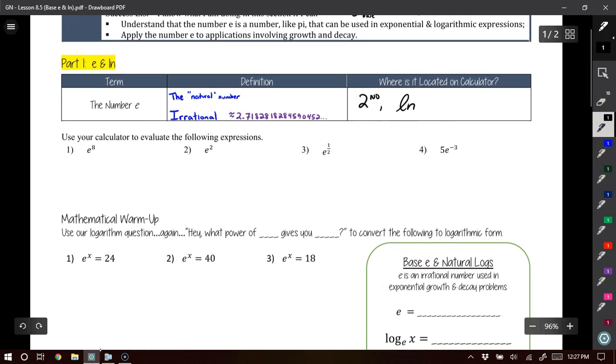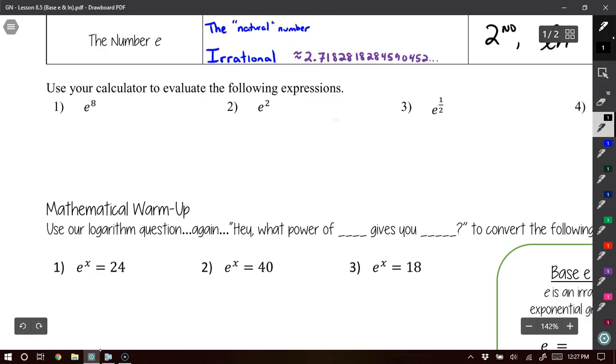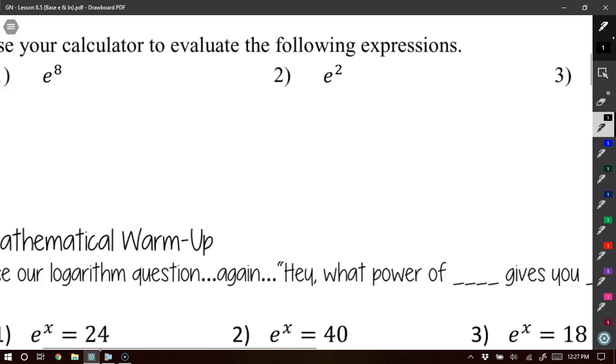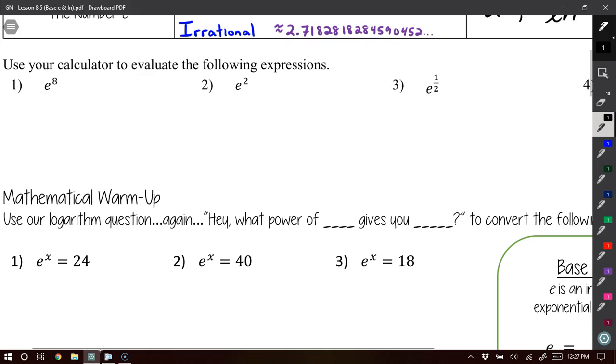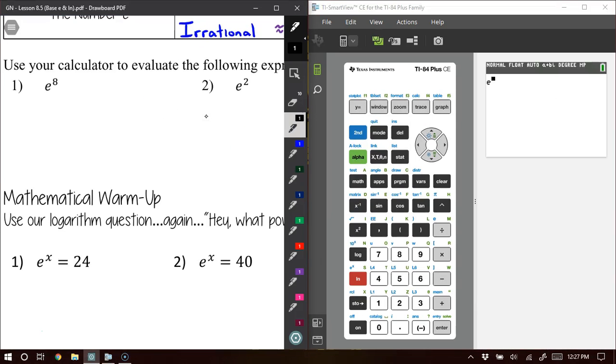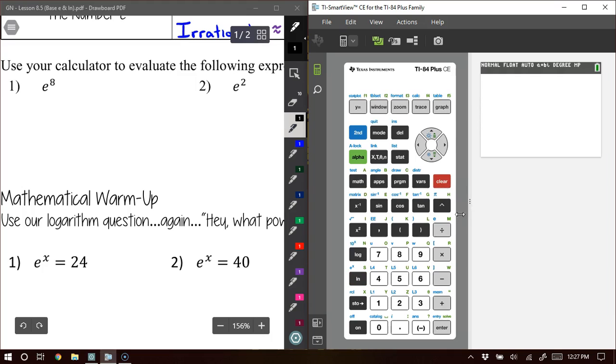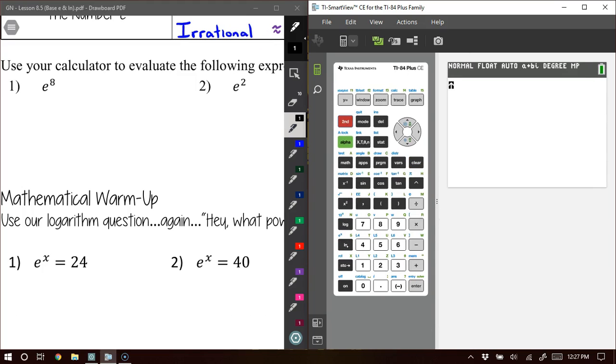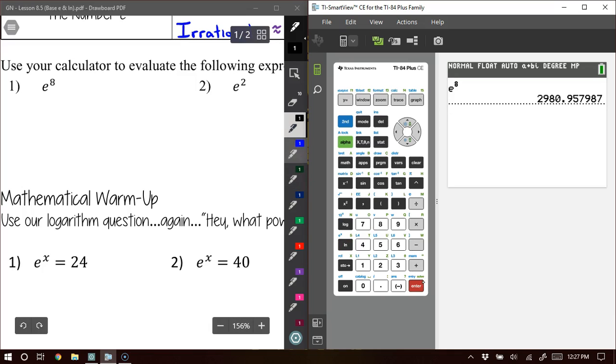So that's where we're going to use e. Let's first practice it a little bit. We have e to the 8th, we have e squared. I'll do those two first. I have my calculator, and I'm going to hit second ln, the 8th power. Now let's round to 4 decimal places like we've been doing.